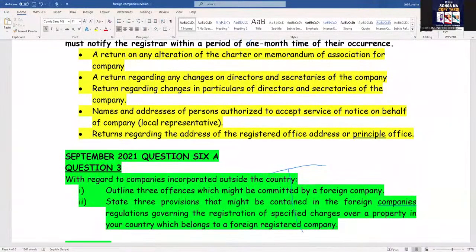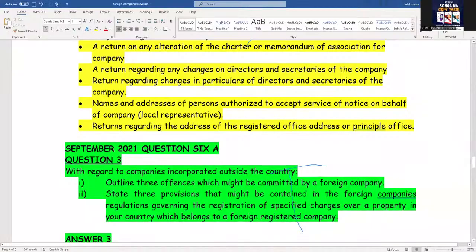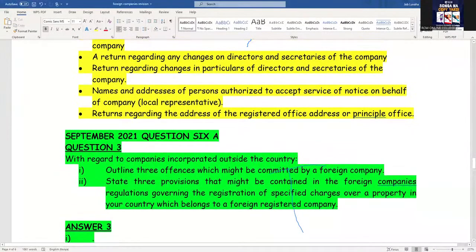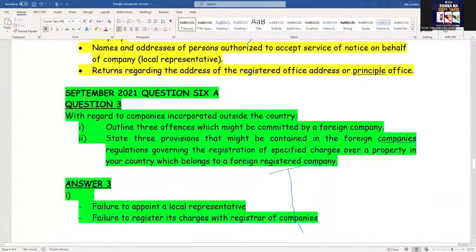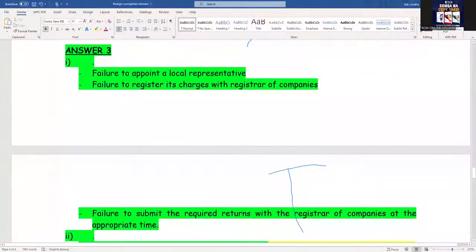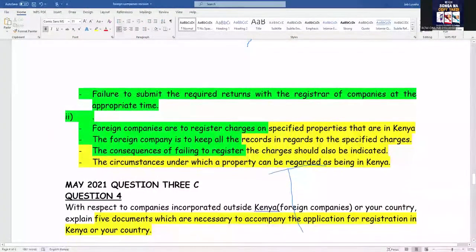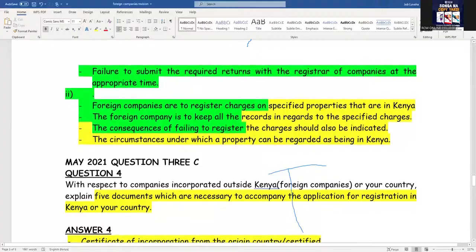Then state 3 provisions that might be contained in a foreign company's regulations governing the registration of a specified charge of a property in your country, which belongs to a foreign registered company. So foreign companies are to register charges on a specified property that is in Kenya.